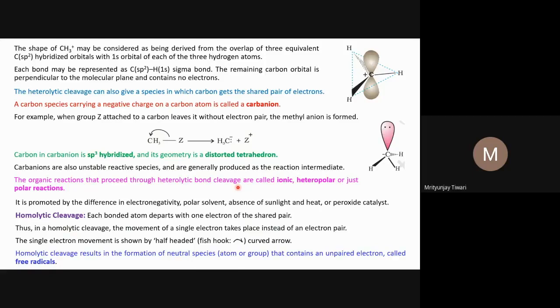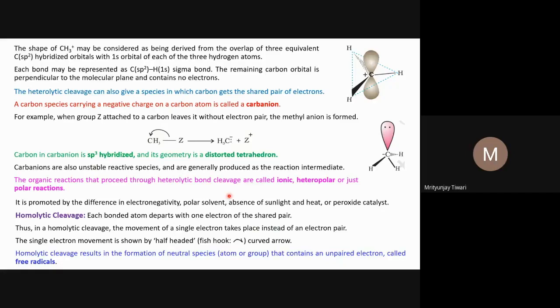Let us now study homolytic cleavage. We have already seen heterolytic cleavage. I have also defined homolytic cleavage: the shared pair of electrons goes to both atoms which form this chemical bond. Two atoms share electrons forming this covalent bond, and now one electron out of the shared pair will go to each atom.